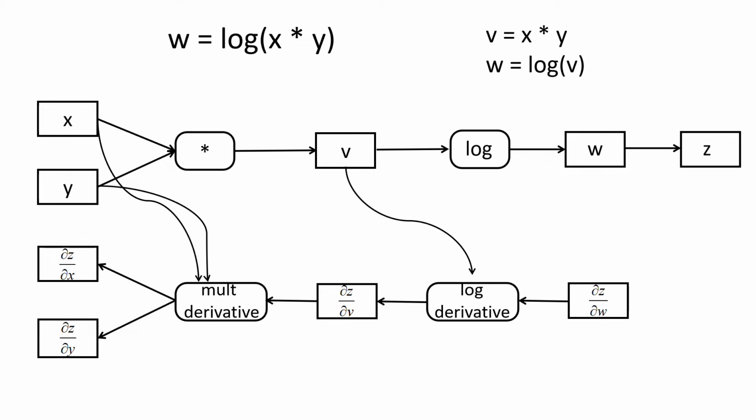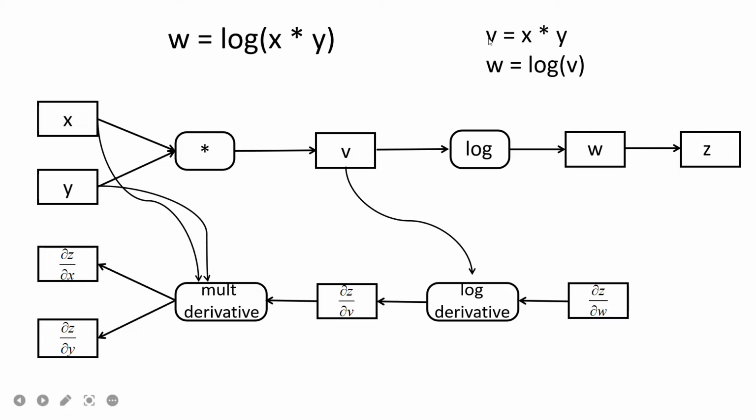If you remember in the previous video, a big expression was made into smaller expressions. So this is a big expression. It has a log and a multiplication sign, which means there are two operations. So PyTorch will try to make it into singular expressions. The first expression is v equal to x times y. V is a variable, like in the last case it was t1 and t2, which PyTorch itself gives.